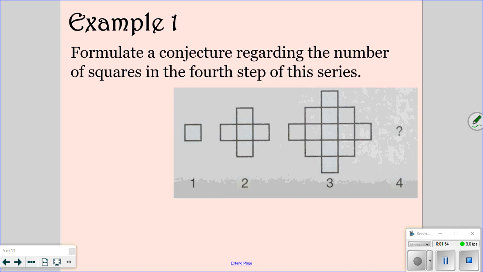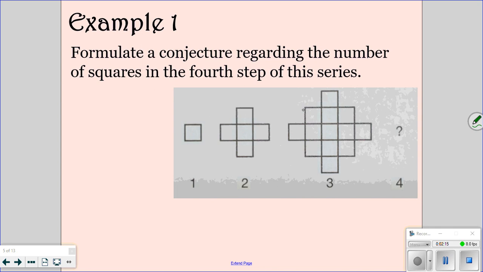So let's look at an example. We want to formulate a conjecture regarding the number of squares in the fourth step of this series. So it looks like we start with a square and then we add 1 to every side. And then we took a square and we added 1 to every side.